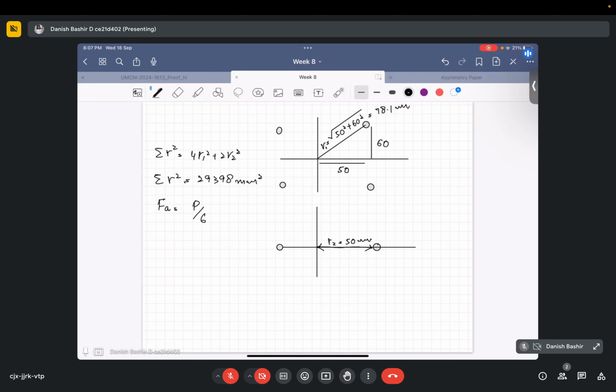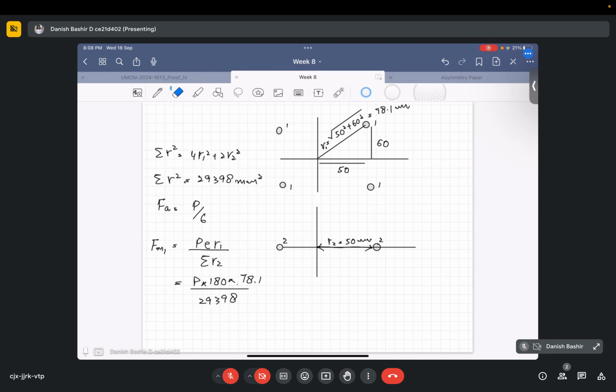So Fm1, the shear force due to moment on bolt type 1, this is bolt type 1, bolt type 1, bolt type 1, bolt type 1, and this is bolt type 2, bolt type 2. Fm1 will be equal to P e r1 by summation r square. So this will be P into 180 into r1, which is not 50, it is 78.1, divided by 29398, because we calculated this r square value.